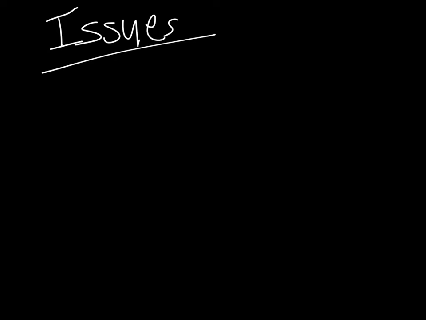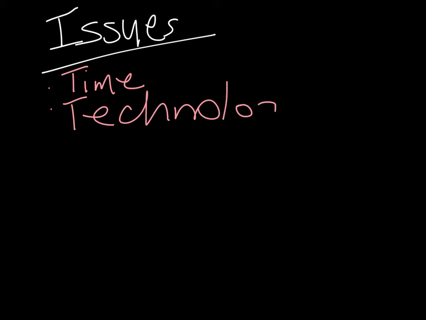And now to issues. Some of these issues are going to be at the back or forefront of your mind. There's the issue of time, how to get time to do this flipped learning stuff, to learn the technology and so forth. There's the issue of technology, access to devices for students, access to internet at home to watch videos, for example.